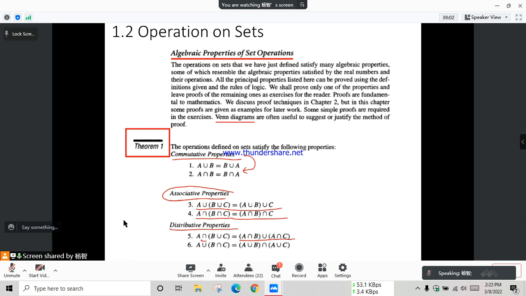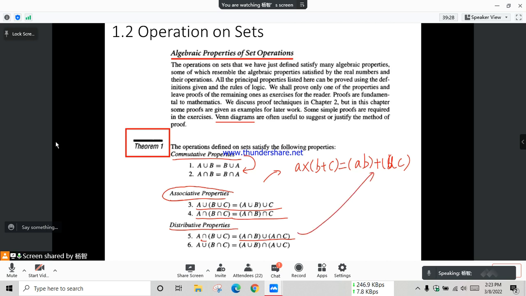You understand? It's like the math. It's because in the math we can say that A, B, and C equal to A, B, and AC.